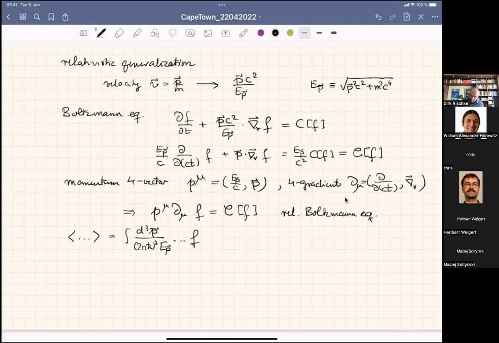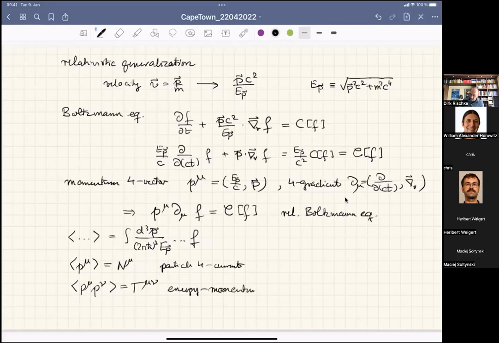And then you see that the particle four-current is the average of the four-momentum. I'm not going into the details right now. And the average of p mu p nu is actually the energy momentum tensor, T mu nu. So this is the particle four-current, and this is the energy momentum tensor.